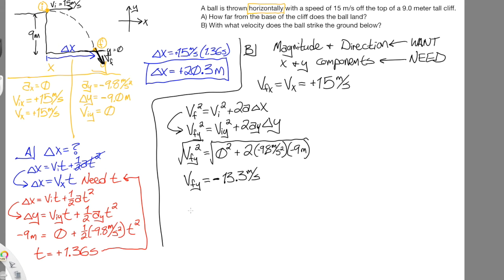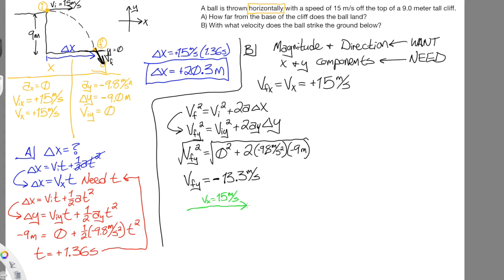Now we have the x and the y components, and things get hopefully nice and easy from here. To draw our vector, I'm going to draw my x component first. Vx is positive 15 meters per second. I'm actually going to drop the positive and negative here because I drew Vx to the right in the positive x direction, so I've already accounted for that positive or negative sign.